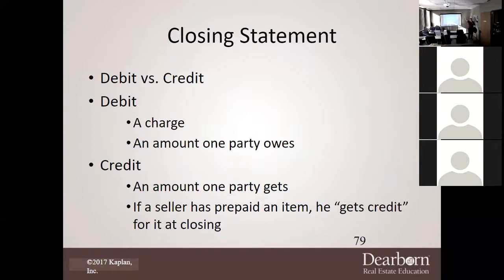I have $100 and Linda debited $10. So you got $90 left. Why not 110? Because it takes away. It's a debit. That's right. It's a charge, so it's an amount one party owes.